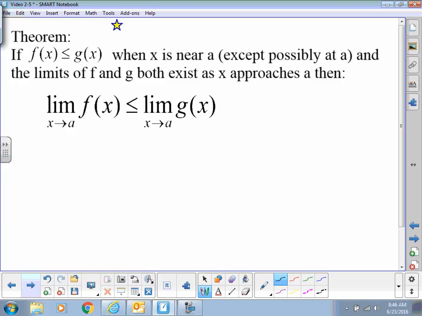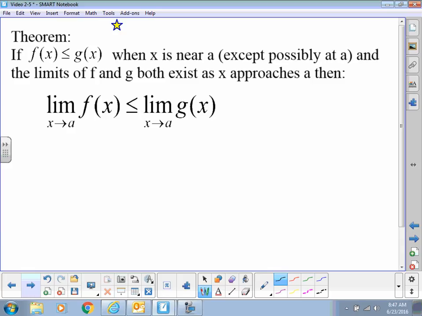So now, two theorems. This first theorem, if we know that a function f is less than or equal to some other function g at all the x values near some other x value we'll call a, but it doesn't have to be at a, because we're going to think of it in terms of a limit. And we know a limit is just as we approach a value and not necessarily at that value.